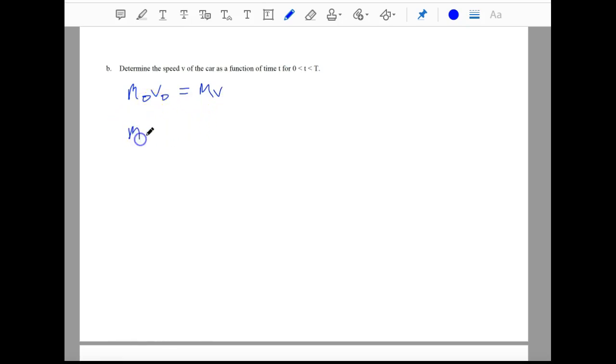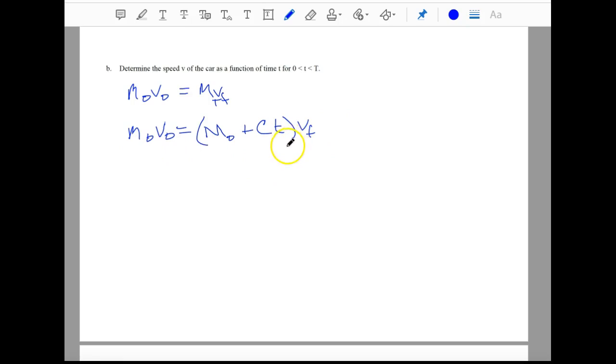So M0 V0, that doesn't change, is equal to, now we substitute in the expression for the total mass from part A. Really I would put a T there because that's the total mass times velocity, but that's just me. So this is the original mass of the cart plus c times t that we did above, and then that is times that final velocity. So let's put an F right there too.